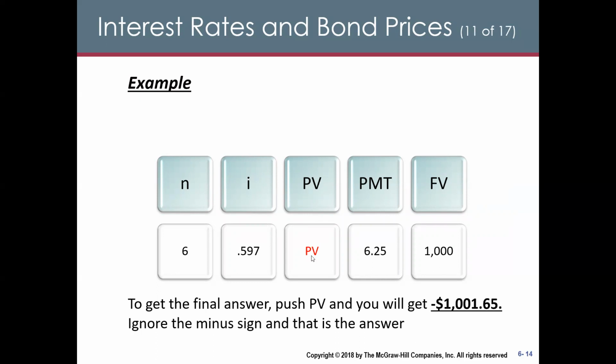The present value is what you need to figure out. You leave it there. You have the payment, which is half as before, and the future value at the end of maturity, you still receive $1,000. So you input those 4 values, and then you compute the present value, and this time you will get 1001.65. Right?